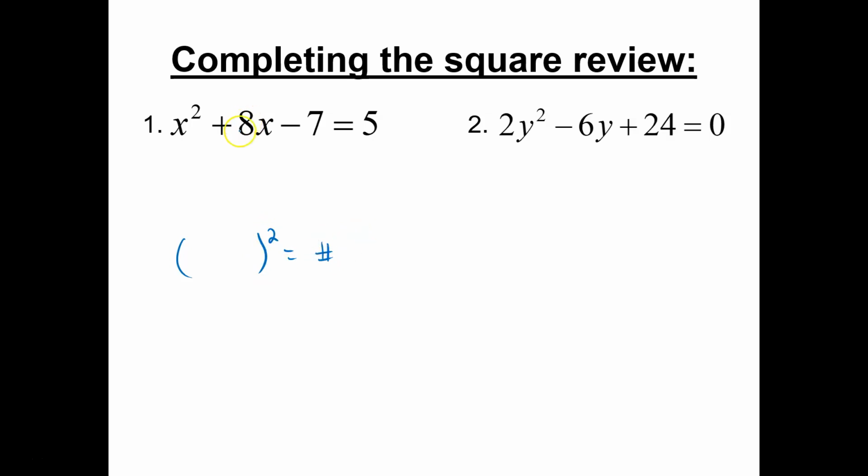So we have to turn x squared plus 8x plus blank into something that can be factored like this. The first thing you want to do is move the 7 over to the other side. So you will have a 12 right here. And then I have put a plus blank on both sides.